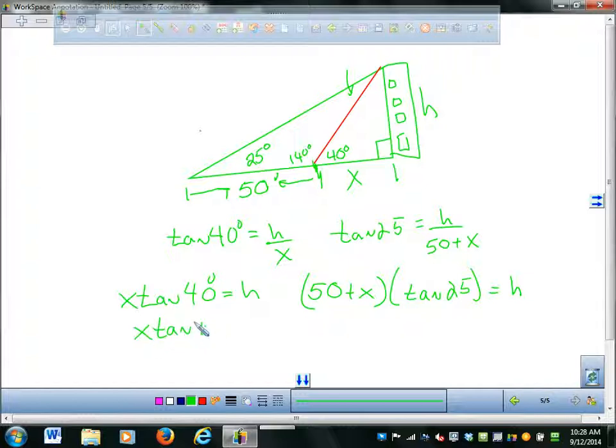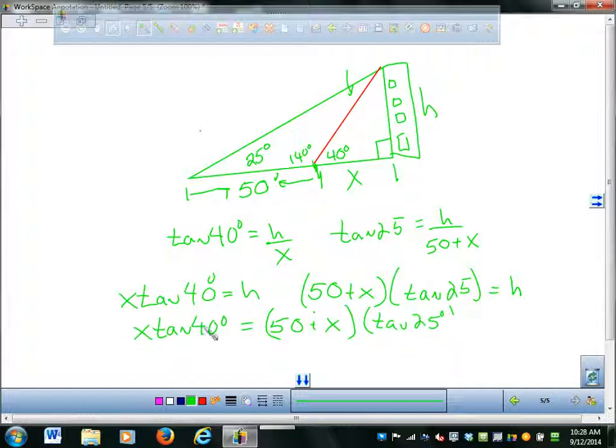So now I could write that x tan 40 equals 50 plus x, 50 degrees, right? No, 50 feet, sorry. 50 plus x times the tangent of 25, and that's in degrees as well.